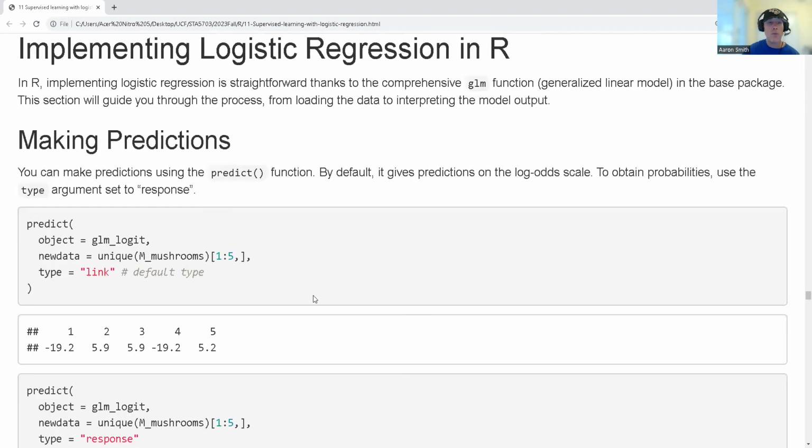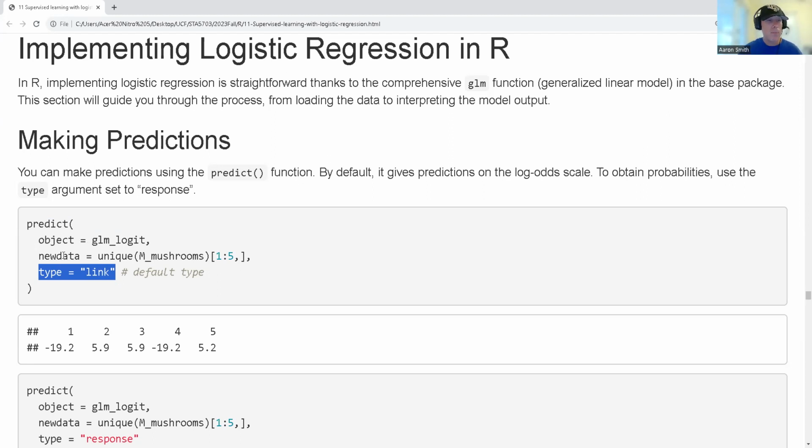Now, to make predictions, we're going to want to use the predict function. There's a catch with this, a pitfall you've got to watch out for. The default for GLM predict values is going to be the link value. Here it's going to spit out that log odds instead.